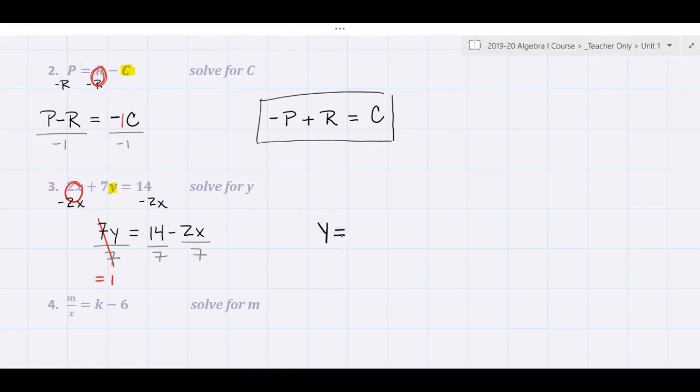So I have y by itself. On the right-hand side, I have 14 divided by 7, which is 2. And then I have 2x divided by 7, which does not simplify. So I have 2x in the numerator, 7 in the denominator, and I have successfully solved this equation for y.